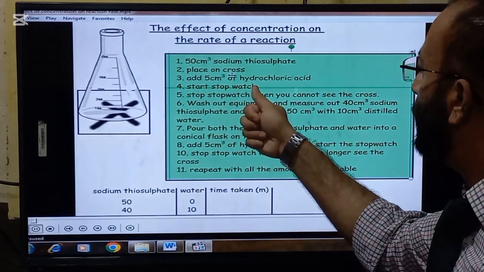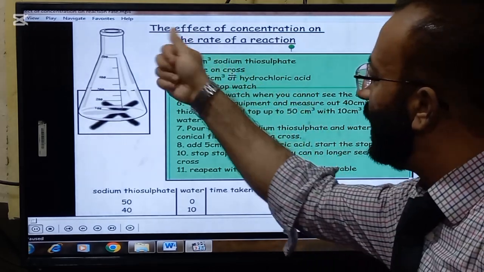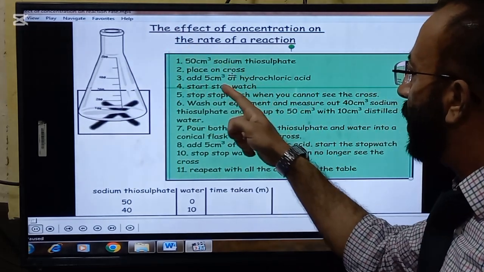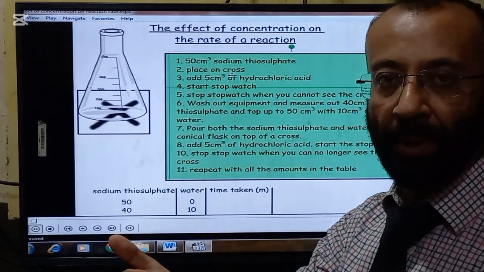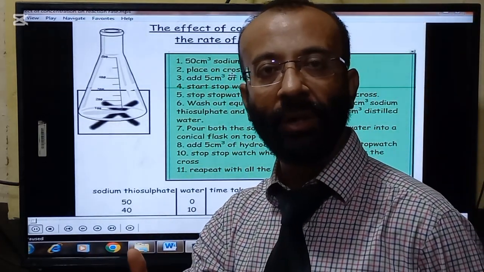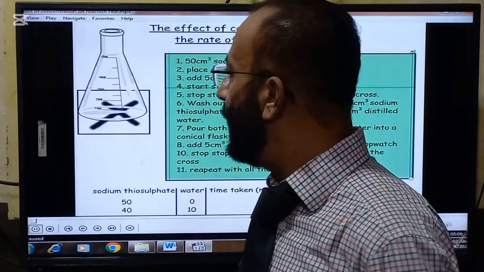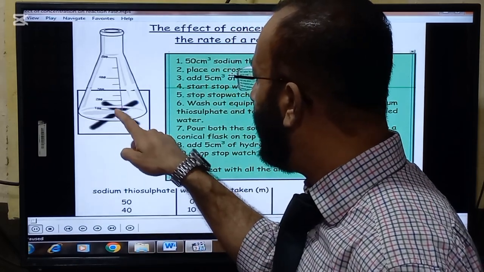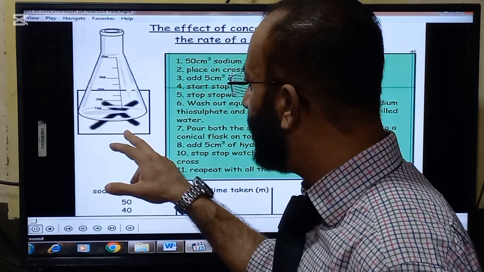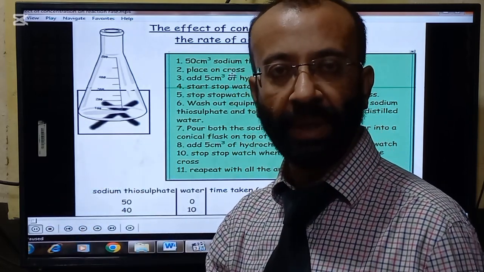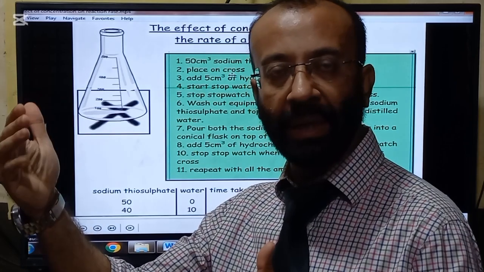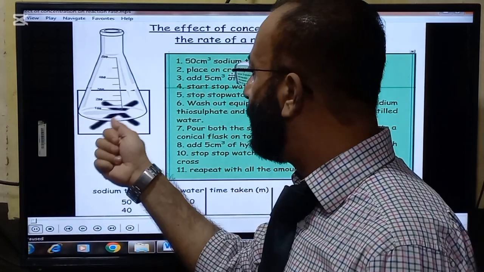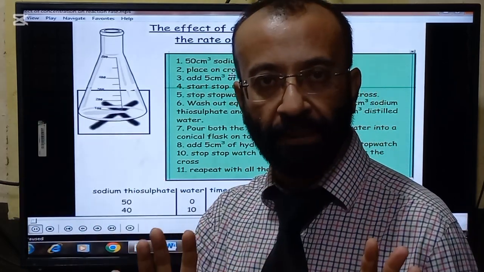Add 5 cm³ of hydrochloric acid into it. Because of the reaction of these two reactants, sulfur will be produced. The function of the sulfur is that it will make the cross obscured. So a time will come when this cross sign will not be visible.